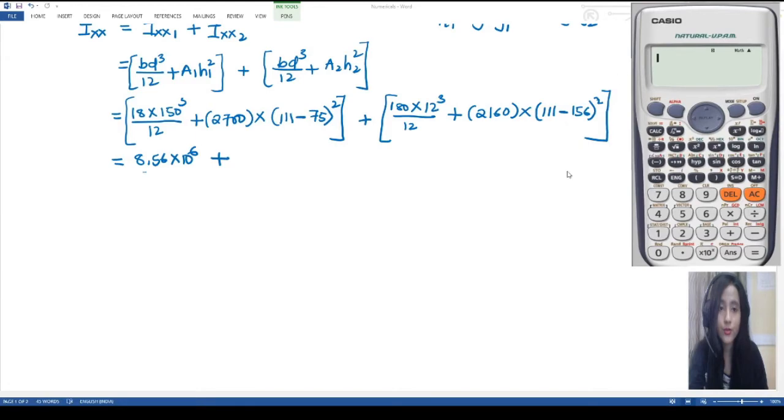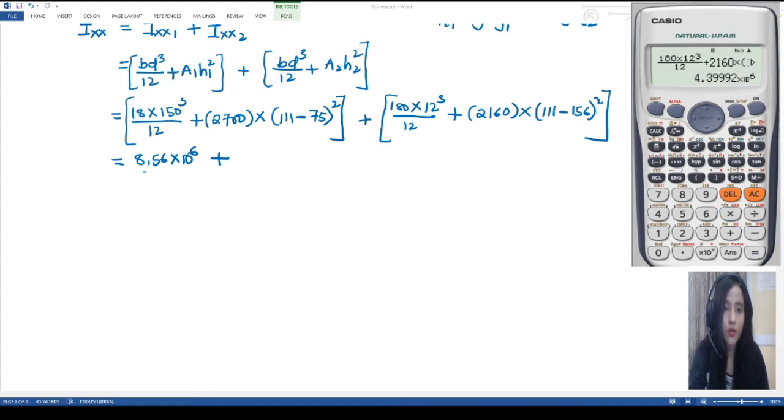Plus Ixx2 will be equal to 180 into 12 cube by 12 plus its area 2160 into its distance, which is 111 minus 156, the whole square.